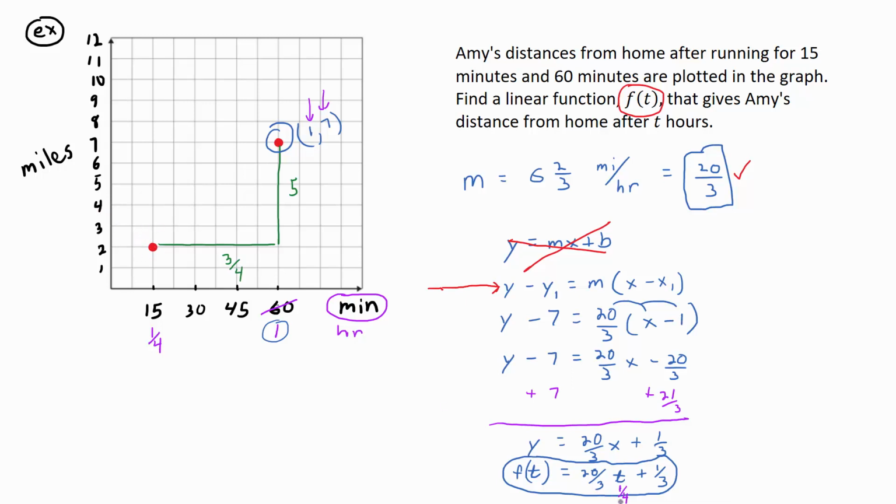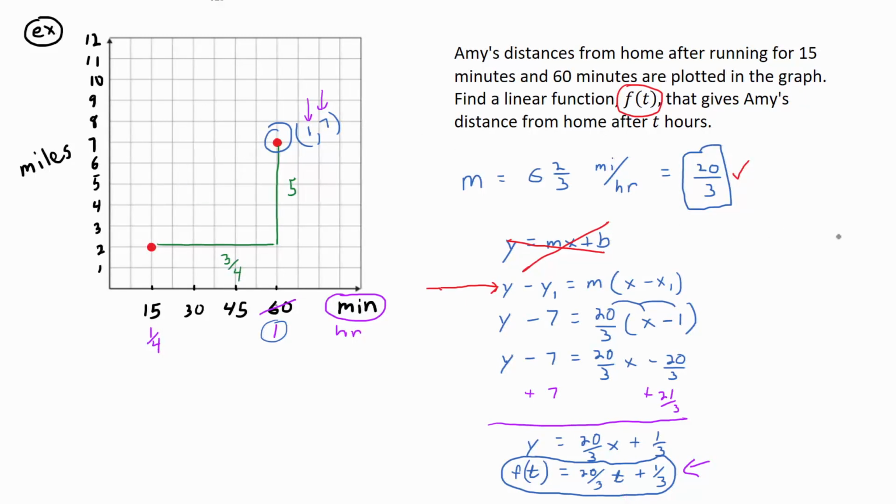And it will be because, if you take the 4 into the 20, you get 5 thirds. When you take 20 thirds times 1/4, you get 5 thirds, plus 1/3 is 6 thirds. 6 divided by 3 is 2. So you can check your answers here by plugging in both points that you're given.